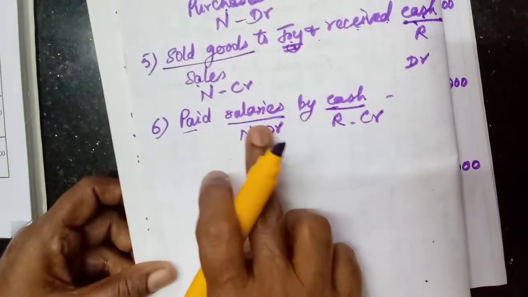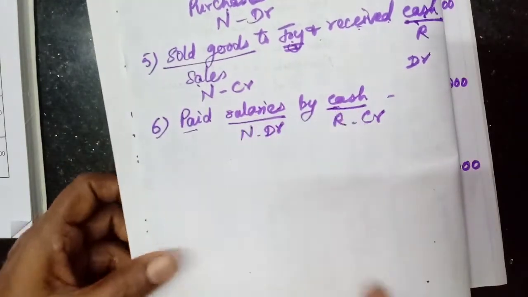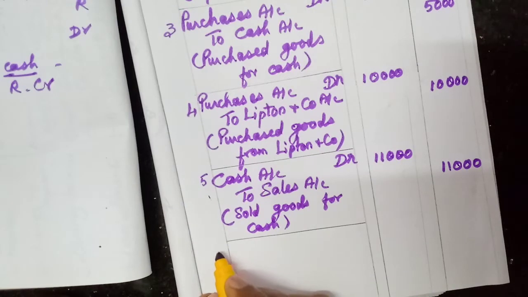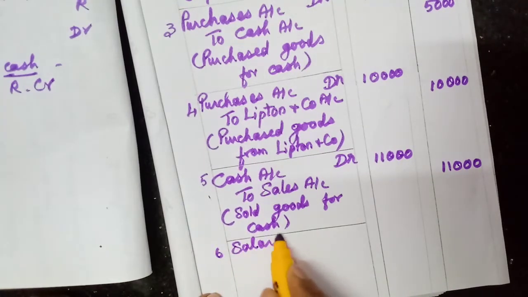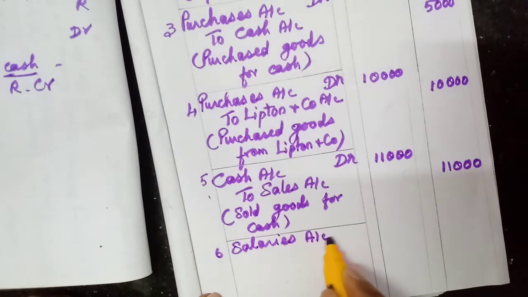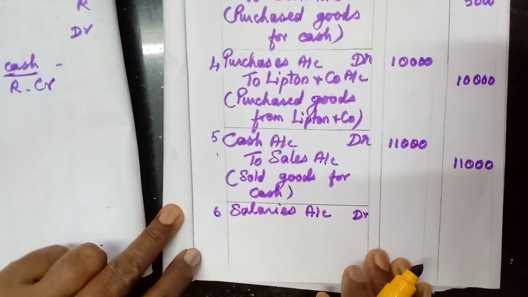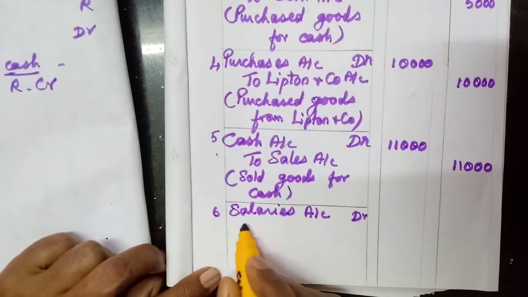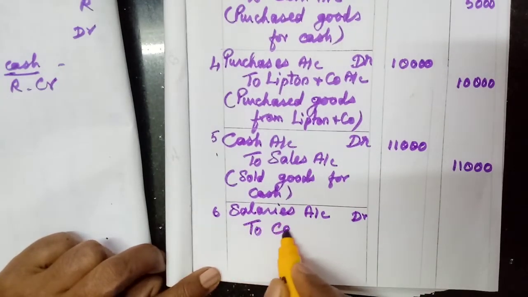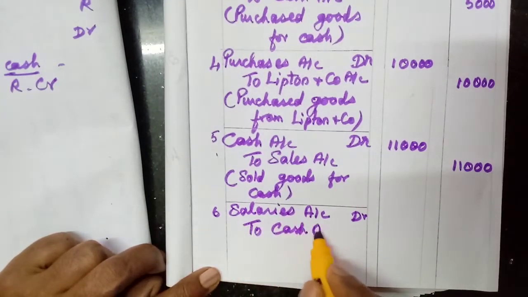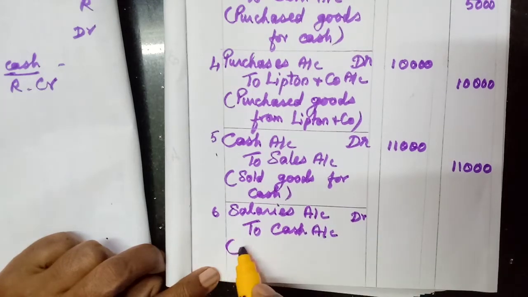Salaries account debtor to cash. Sixth one, salaries account debtor to cash. Okay, paid salaries or salaries paid.